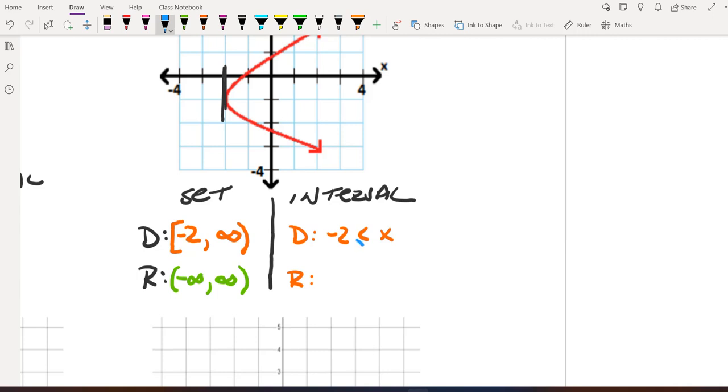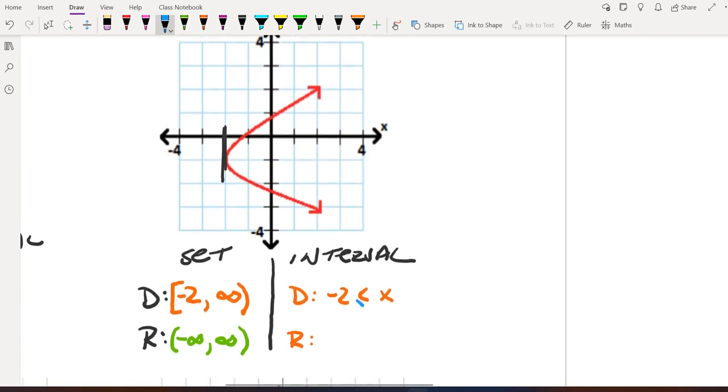Okay, now I just finished saying, hey, if there's infinity, we leave that out, right? So this one's got infinity here and infinity here. We can't just leave this blank, right? So in this situation, since this graph can go forever down and forever up, it's all the possible values, all the possible numbers.